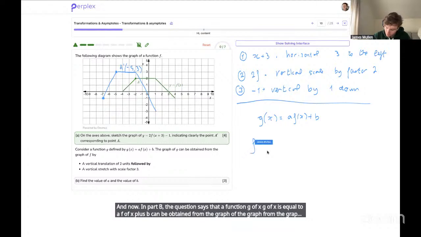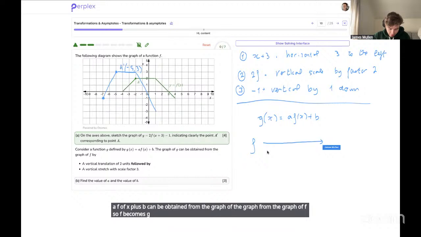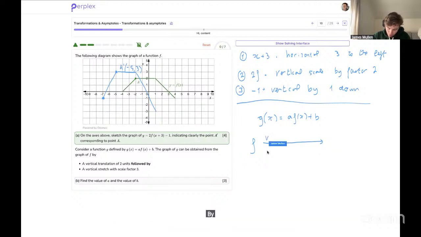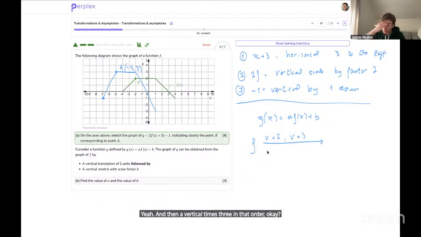So f becomes g by a vertical translation of plus 2, and then a vertical scale times 3, in that order, okay? Which means first I added 2, and then I multiplied by 3.